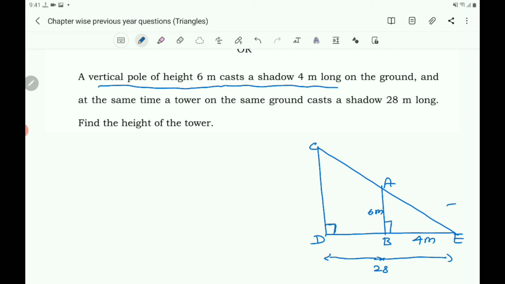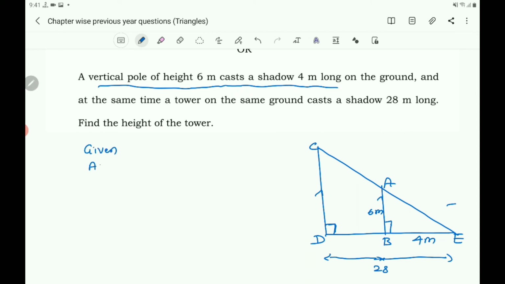Now you know that here DC is parallel to AB, both are perpendicular to the ground, and also here as AB is parallel to CD, you can show that the triangles ABE and triangle CDE are similar. So you write down here what is given.